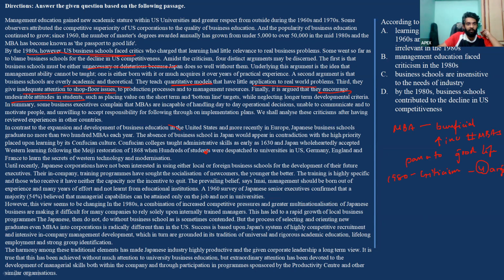In contrast to the expansion and development of business in the US and more recently in Europe, we see that in the US and Europe there are MBA colleges, but not in Japan. So this is what we can see. And then he goes on to give reasons why the Japanese think MBA is not required.